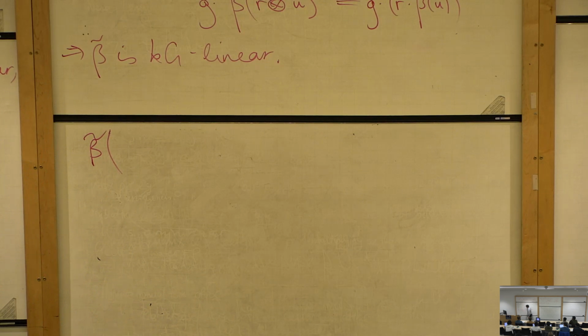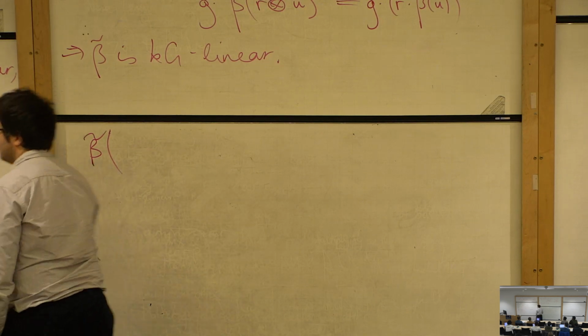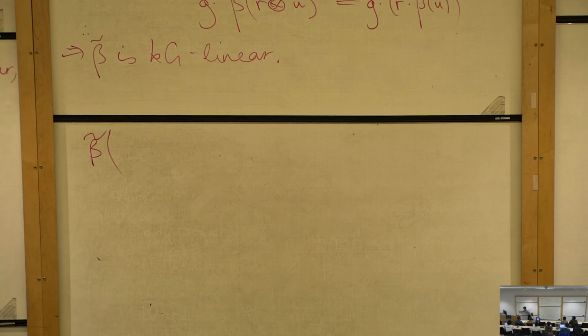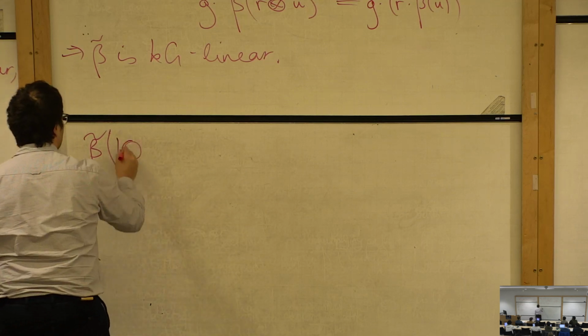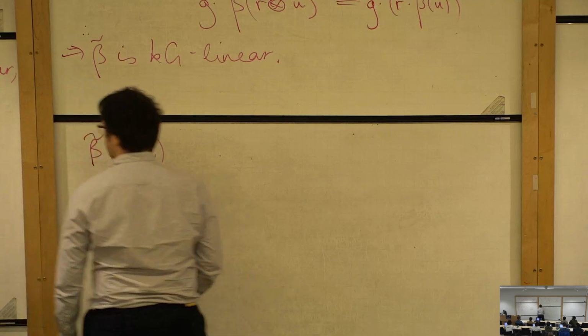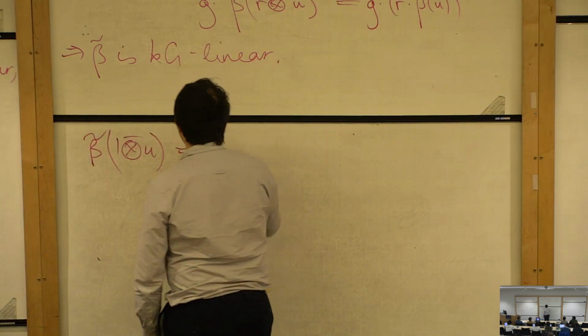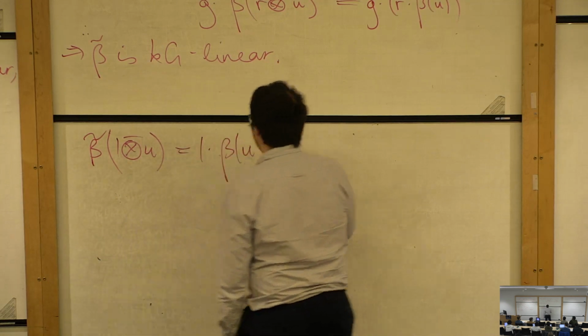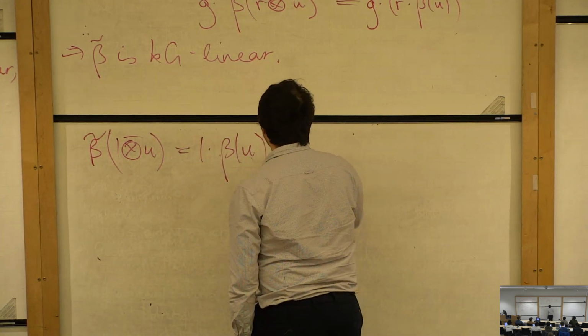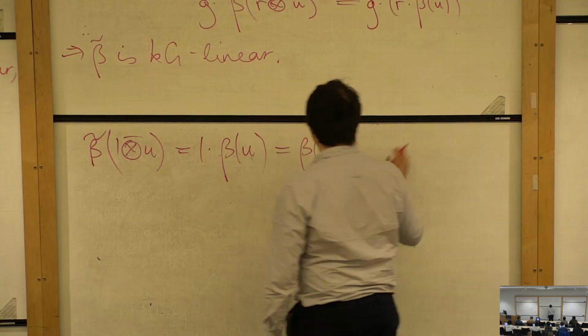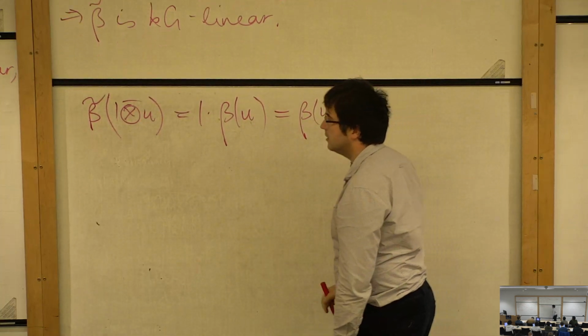It only has to be equal to beta. Take something in here, then if I go this way, I have to take 1. Well, I've got a formula for beta tilde. It's just act, right? 1 dot beta of U, 1 doesn't do anything in any module over a unital ring. It's unital, so indeed the diagonal commutes.